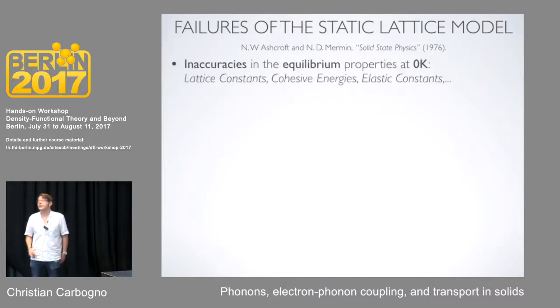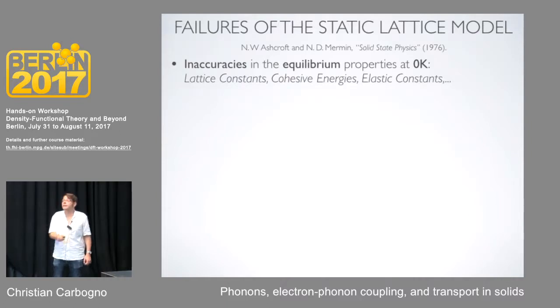So let's just give you an idea. Even at the equilibrium properties at 0 K, talking about lattice constants, cohesive energy, elastic constants, and so on, the small quantum nuclear effects, even at 0 K, slightly alter these lattice constants and give you inaccuracies if you don't account for them.